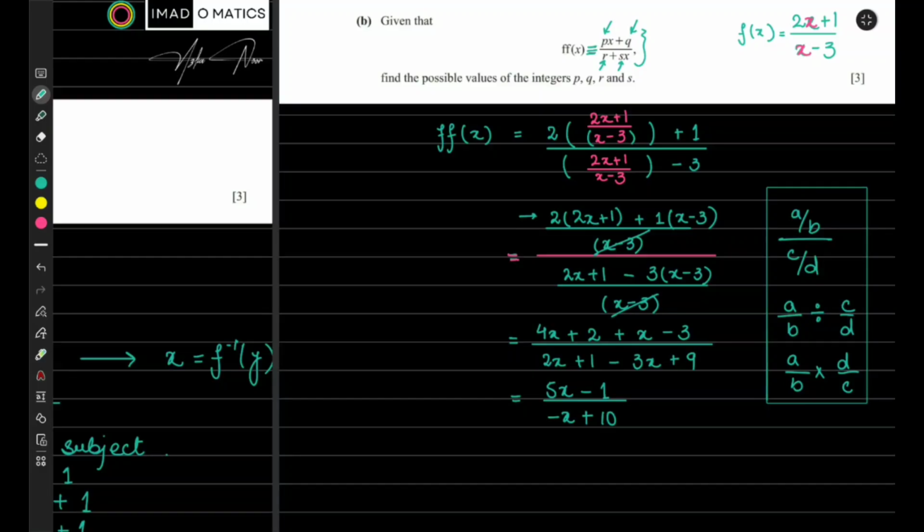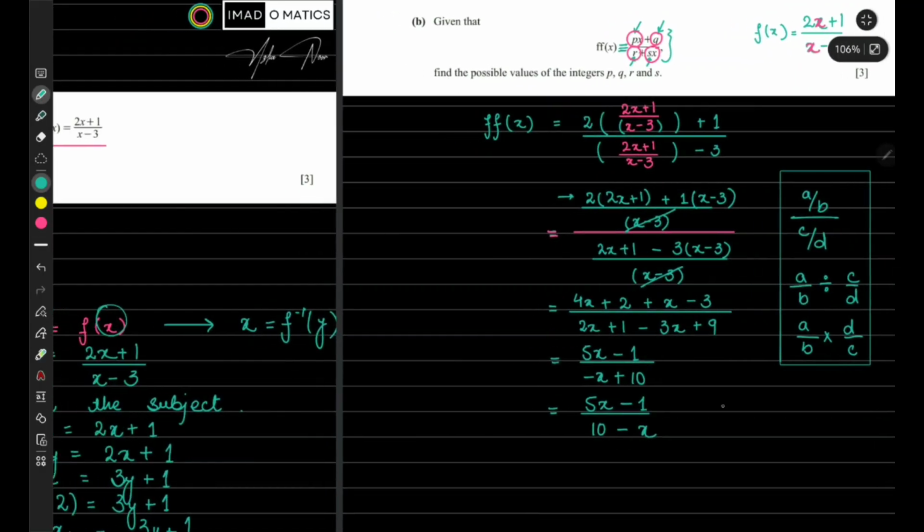And what form do we need? We need an x term first, then a constant term, and in the denominator we need a constant term first, then the x term. So I'll rewrite this in the same format. The numerator is 5x minus 1, and in the denominator we will first write 10, the constant term, minus x.